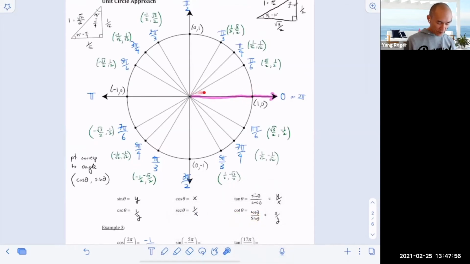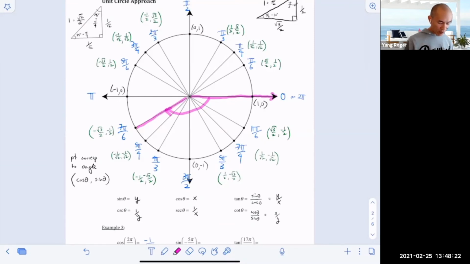This is angle 0. If I go 5 pi over 6, I've got to go all the way to this angle. So I've got to go like this. The negative angle means we're going in the opposite direction. So if we go in the opposite direction, it should go here like this. So it goes this way. It's that angle.